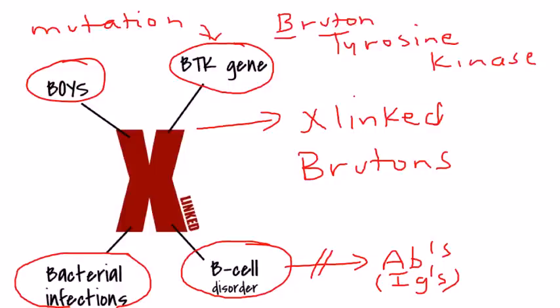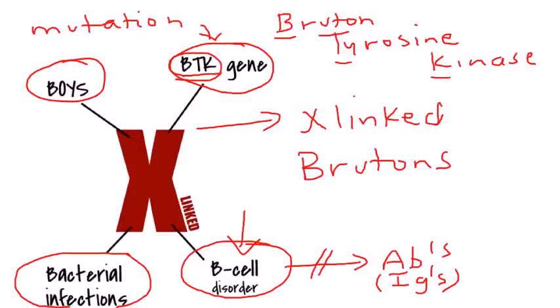So this BTK is the gene that has a mutation in it, and as a result, you are not able to produce B cells, because these B cells are produced with the help of this BTK gene. The BTK is essential for the B cells to develop.